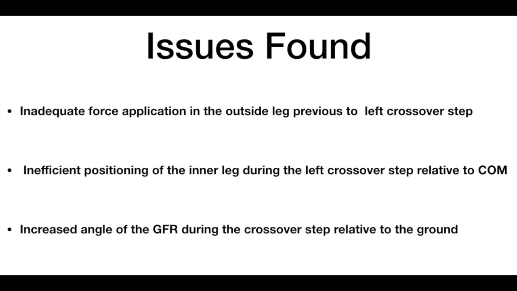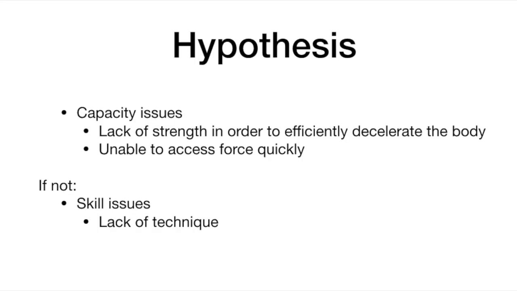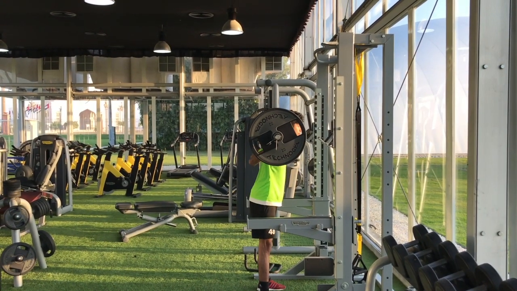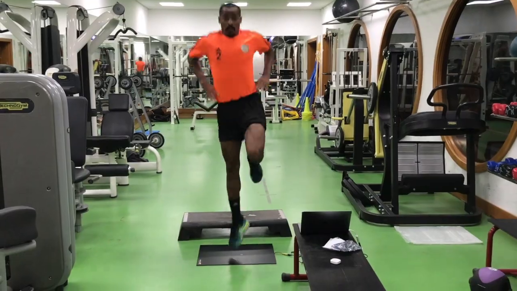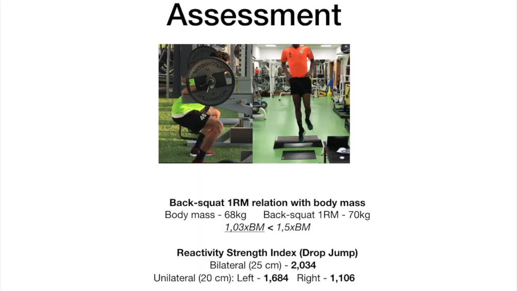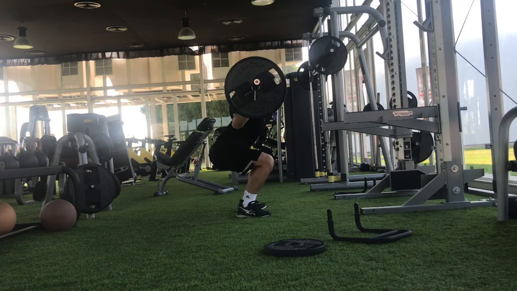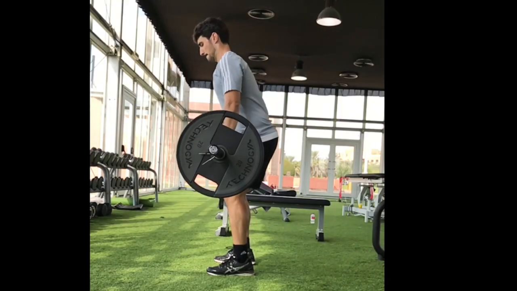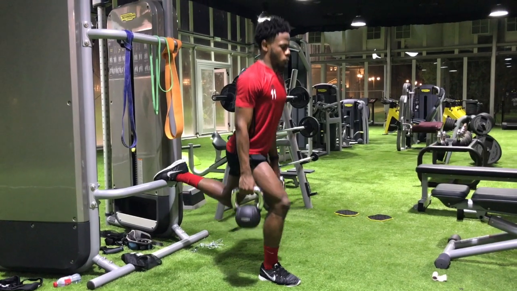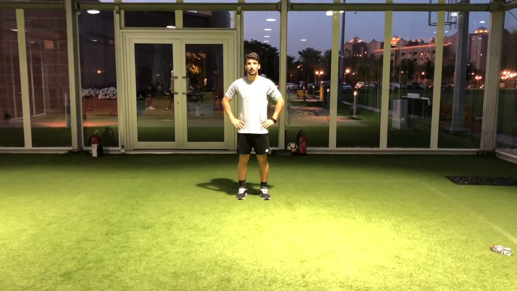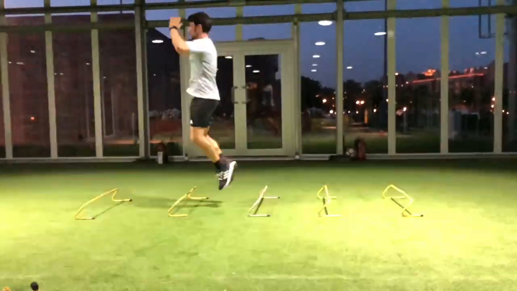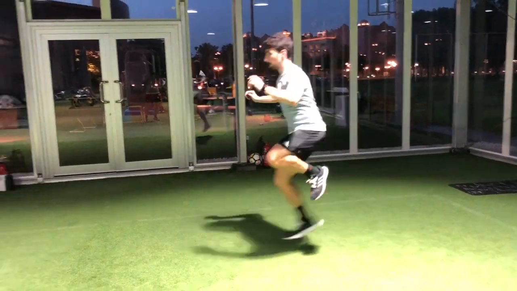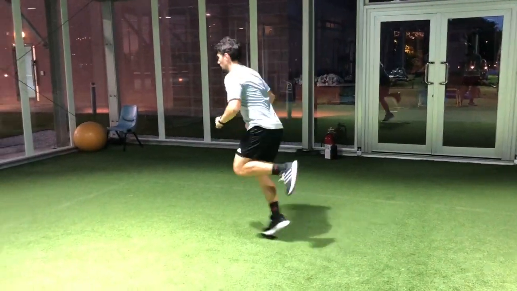Considering these kinematic issues and knowing the history of strength deficits of this athlete, it was hypothesized that a capacities issue was underpinning this situation. Although for maximum speed, the leg extension strength is extremely relevant, for this case of change of direction, the reactivity strength index gives us better information, and we can see that the right leg has a deficit on this strength quality.